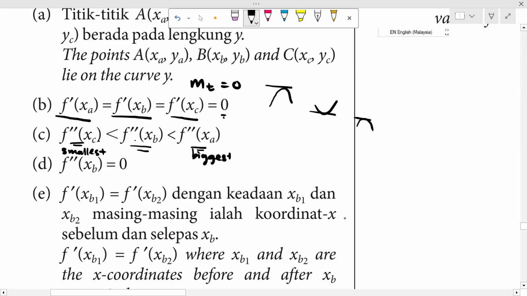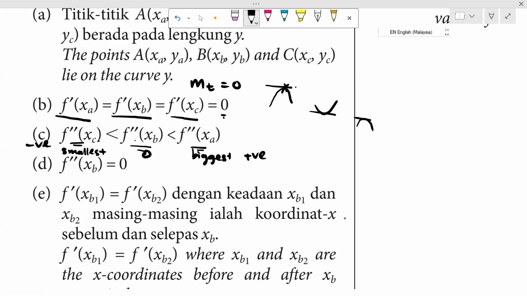How do I know big or small? This will probably be positive, this will be negative, and this one is in between, 0. When my gradient of tangent is 0 and I want to test the nature of the point, I will do the second order of derivative.